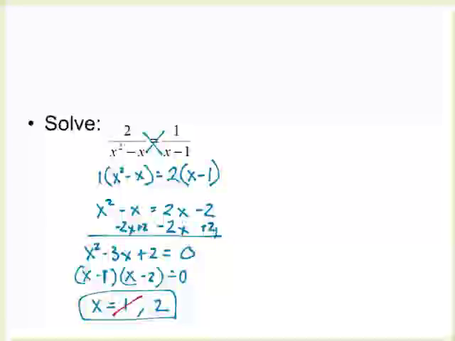Oh wait, so for the first one it'd be like x times x minus 1, right? Mm-hmm. And then it'd just be 2 equals x minus 1, right? Or x. Got it? Okay.